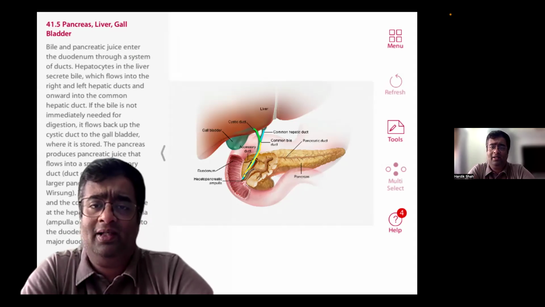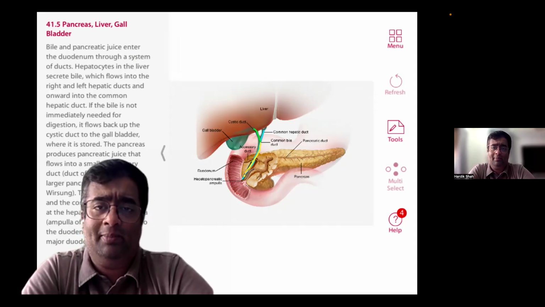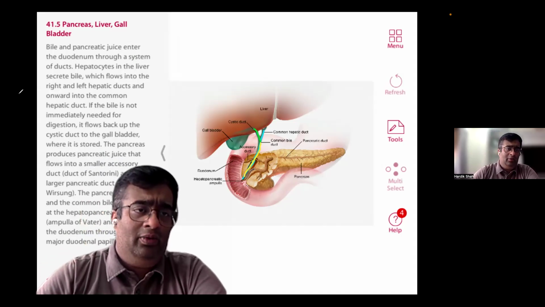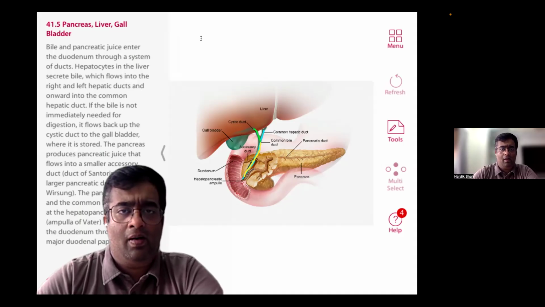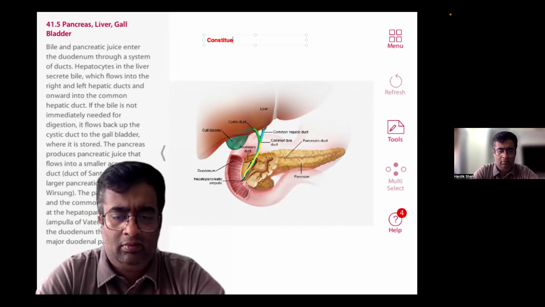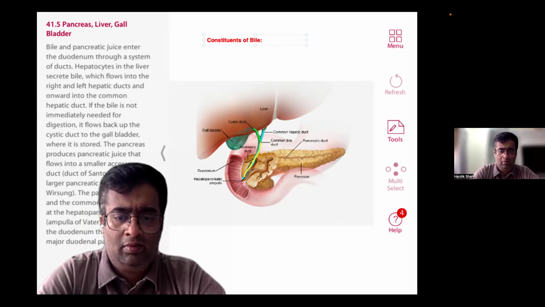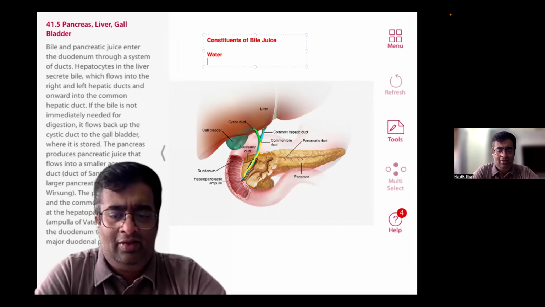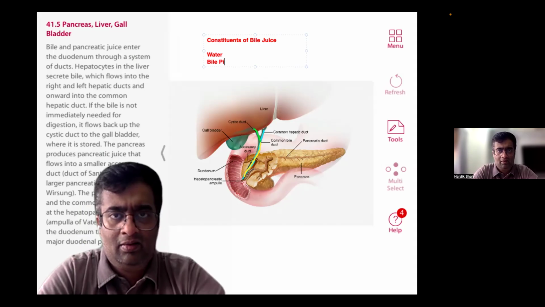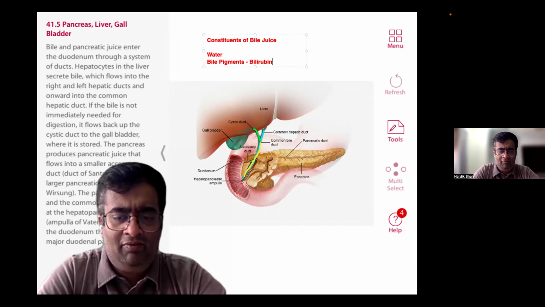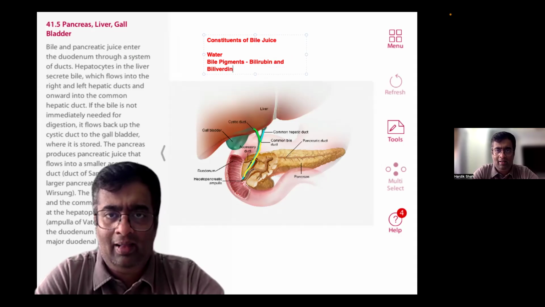Now, bile is produced by the liver by the breakdown of the dead and the worn out RBCs. The major constituents of bile include, of course, it's a juice, so there will be water present in it. Then you have the bile pigments. There are two bile pigments, bilirubin and biliverdin, which are responsible for imparting the yellow color to bile.